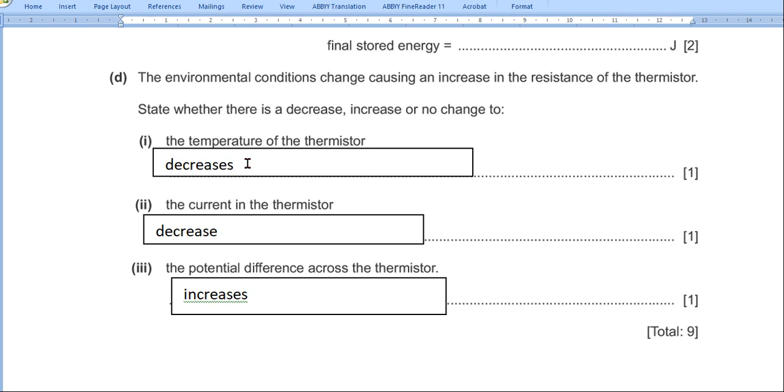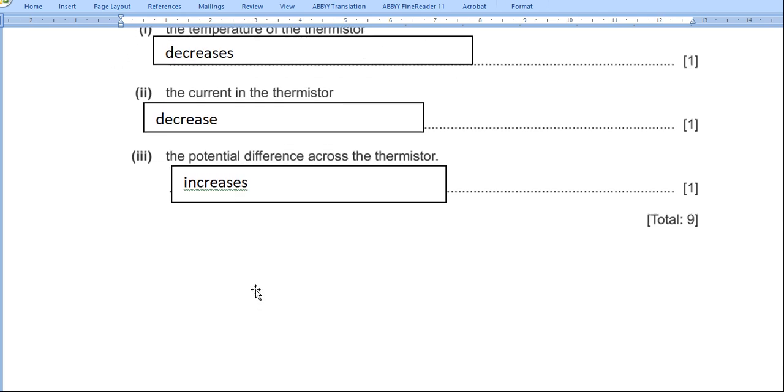So, because resistance of thermistor increases, temperature decreases. Current in the thermistor decreases because total resistance increases. Potential difference across resistance increases. Why? Because it now takes more share of potential difference.